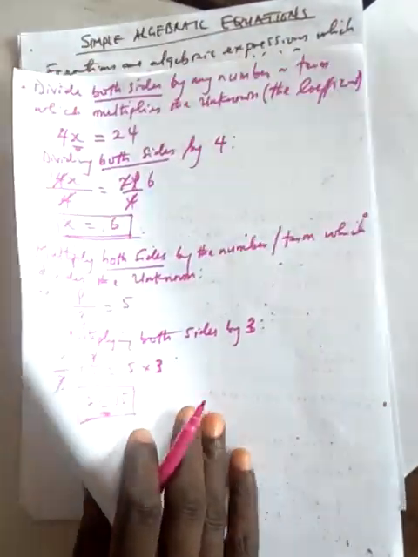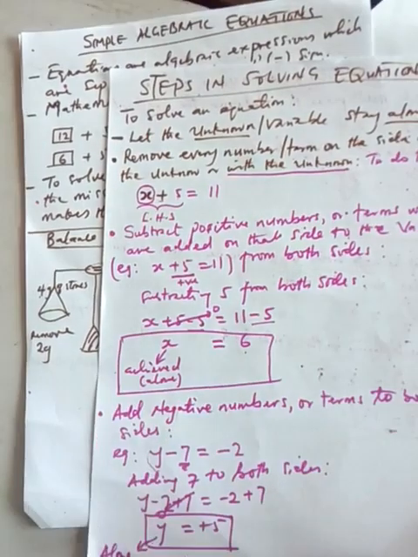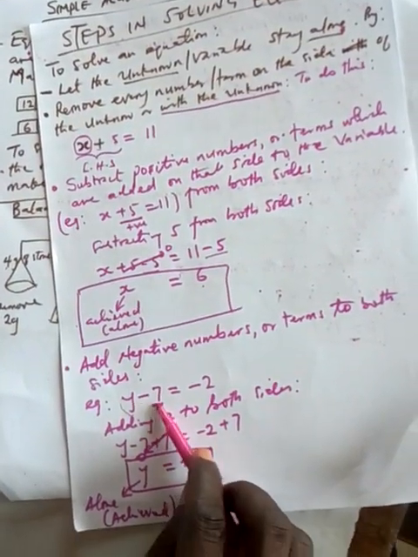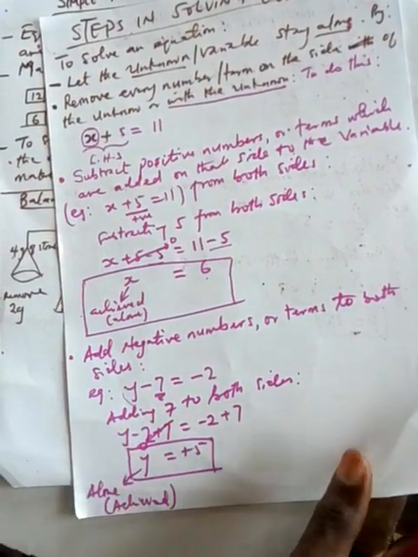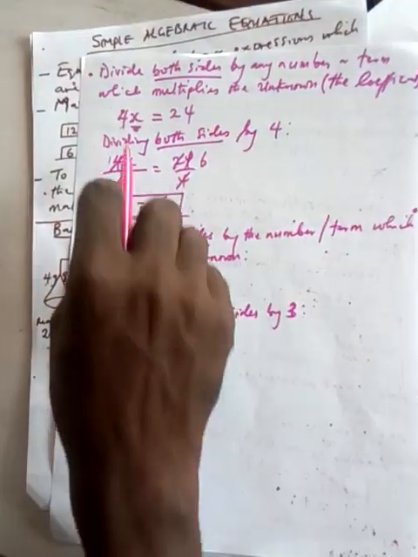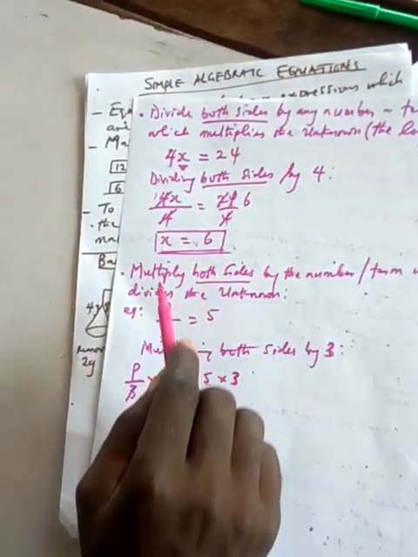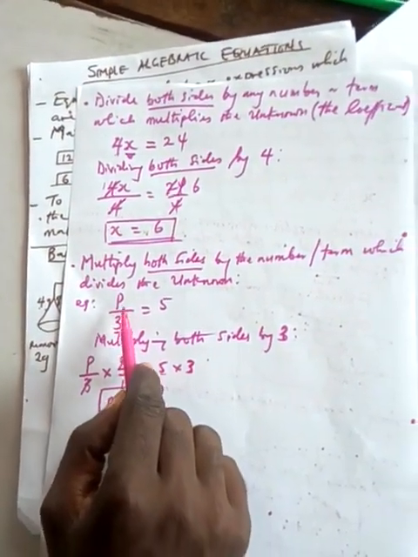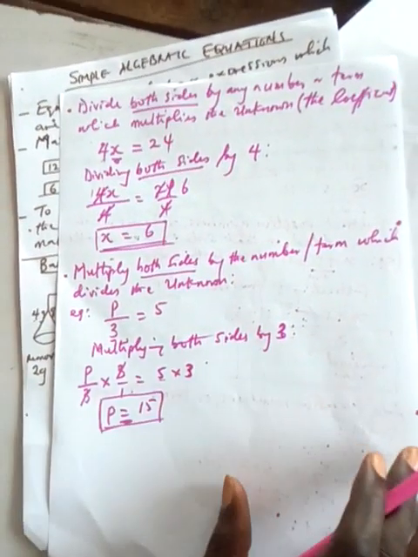If we have addition, we subtract. If we have subtraction, minus, negative, we add. If it is multiplication, that is the relationship, we divide. And if it is division, like this, we multiply by the numbers involved.